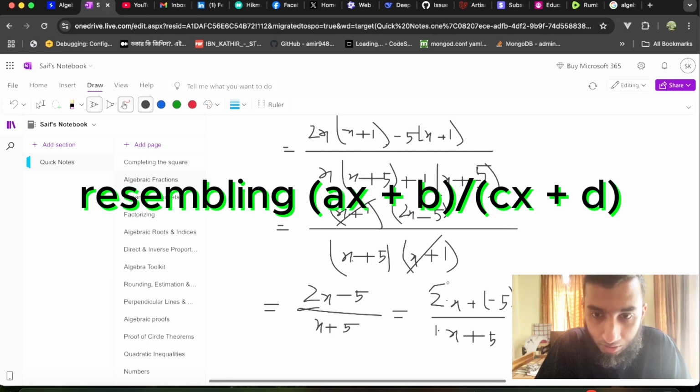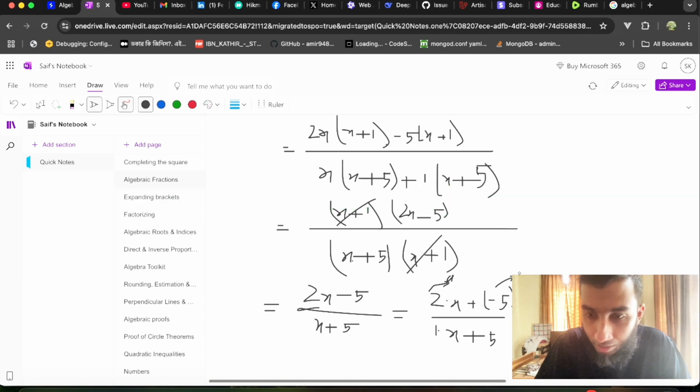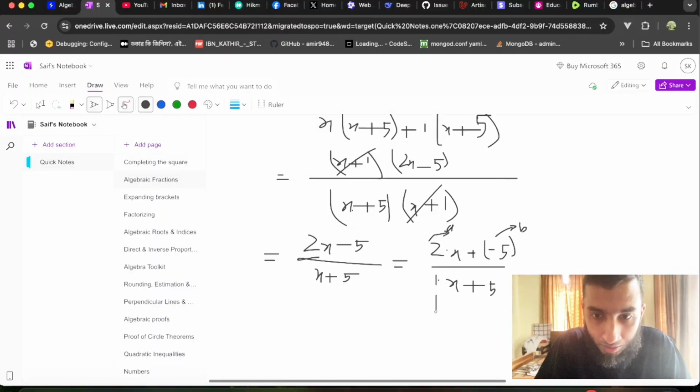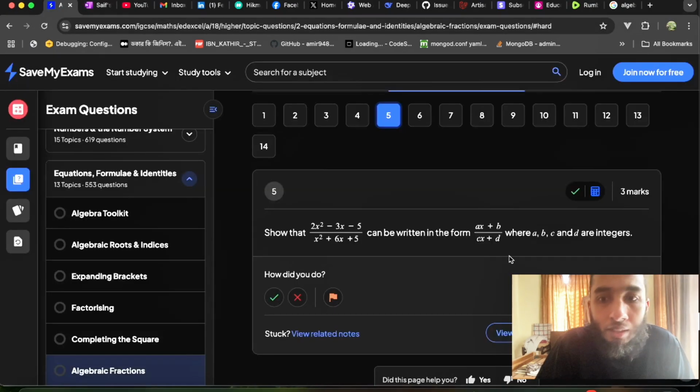So this can be represented as a, this as b, which is minus 5, this as c, and this as d. So it can be represented as ax plus b divided by cx plus d, which was required in the question.